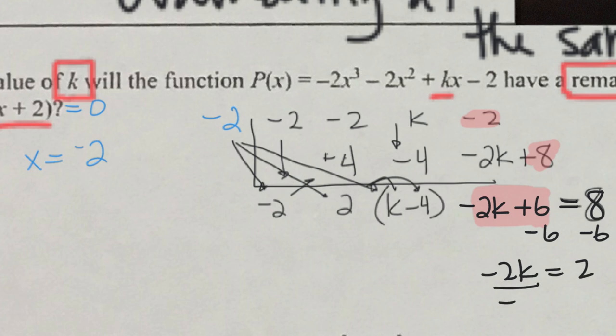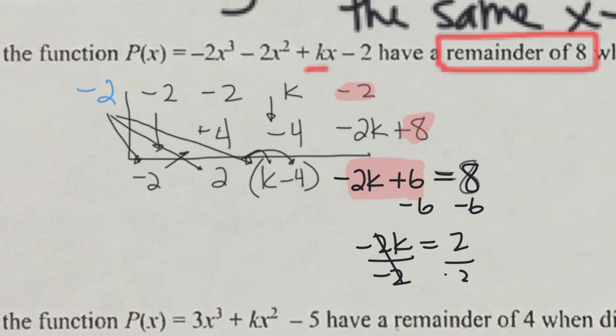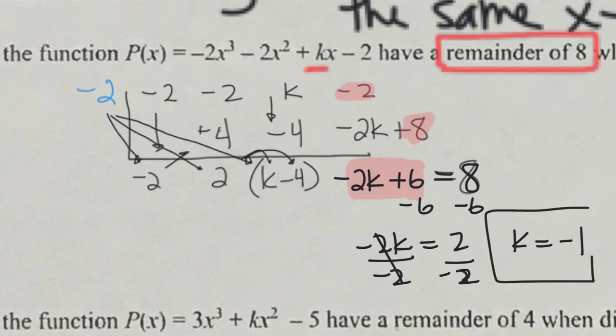So if I really wanted to have a remainder of 8, right, for whatever reason, I'm not quite sure why I would want to have a remainder of 8, that means k has to be -1. The coefficient of your x term would be -1 if we were supposed to be getting a remainder of 8.